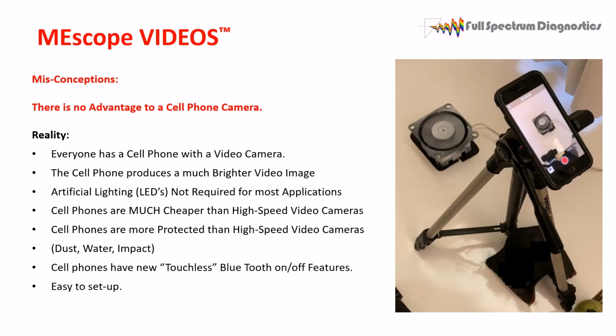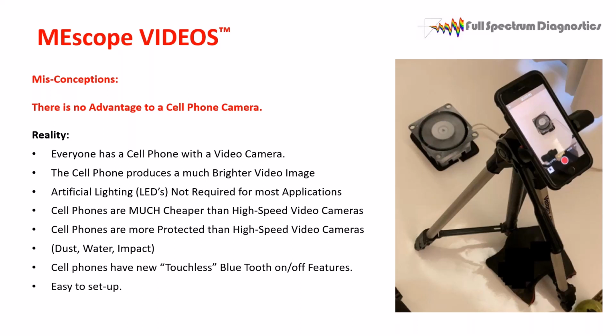But I read up on a bunch of this just recently. Artificial lighting, LEDs not required for most applications. Cell phones are much cheaper than high-speed cameras. Cell phones are more protected than the high-speed cameras: dust, water, and impact, a lot of hard surfaces in a plant.